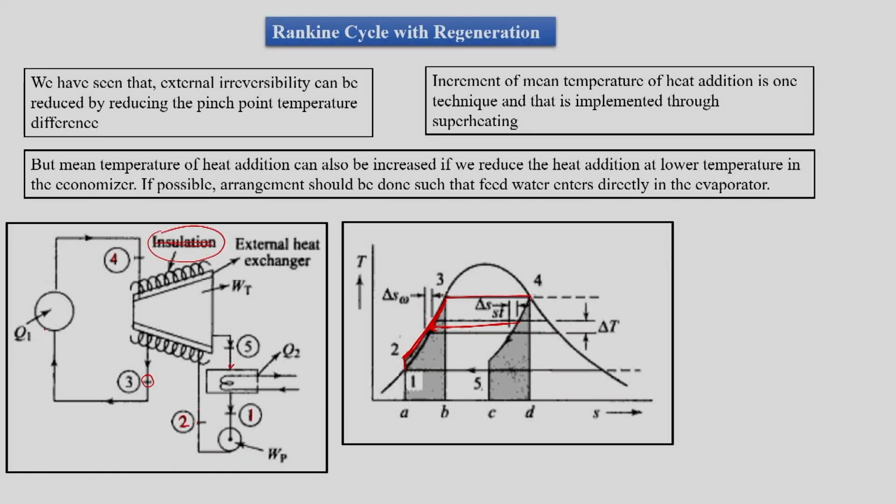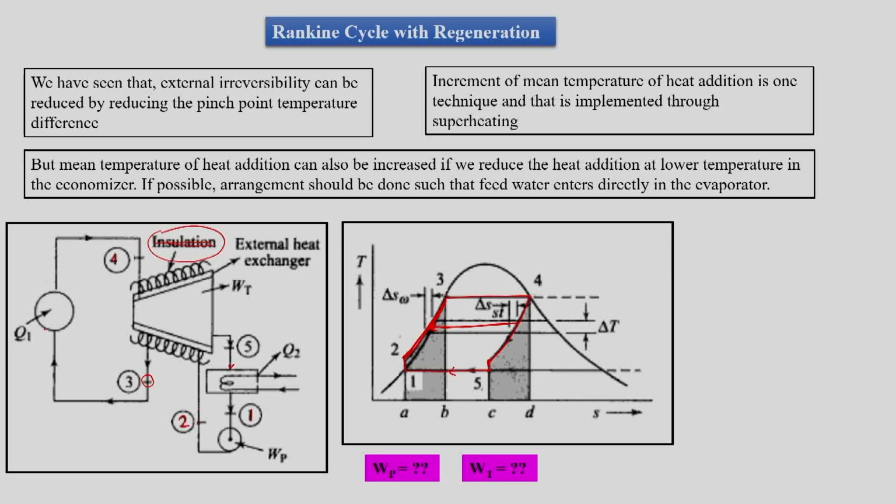Since there is no insulation, the process is not adiabatic, but there is heat loss, so entropy will decrease. So we are coming back in this manner and not like a vertical line, and then we will come to the state like this, 5, okay, and then we will have condensation from 5 to 1. This is how the ideal regeneration process would execute.